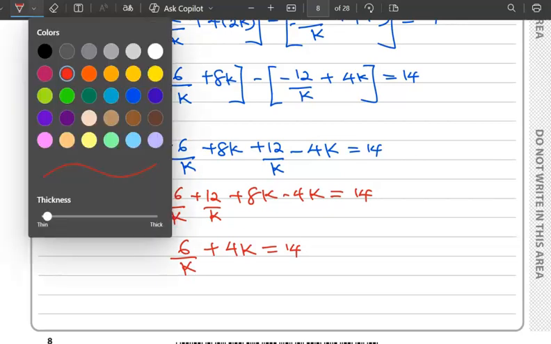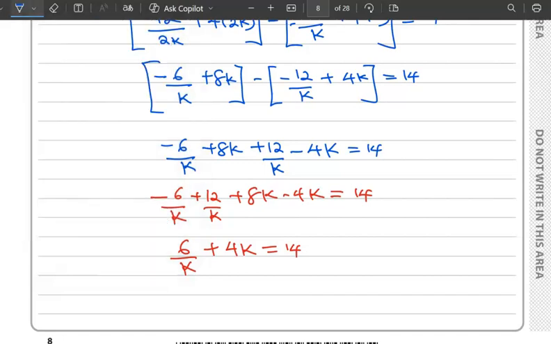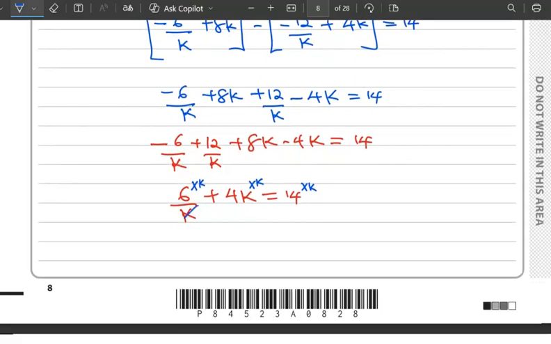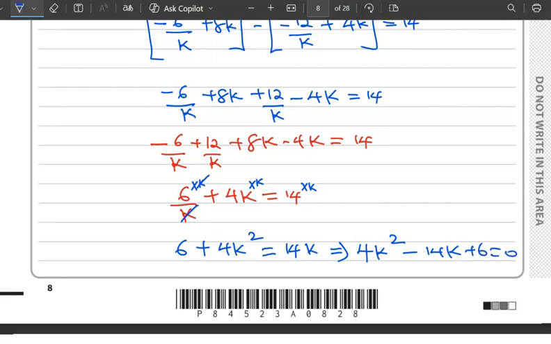So if we multiply everything by k, what we are going to have is 6 plus 4k squared equals 14k, and this can be rewritten as 4k squared, of course, minus 14k, then plus 6 equals 0.